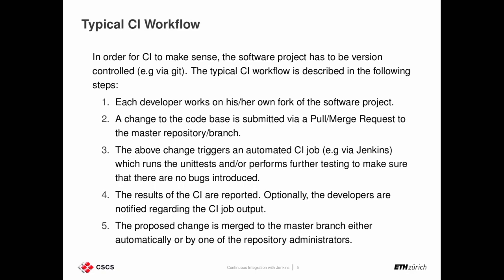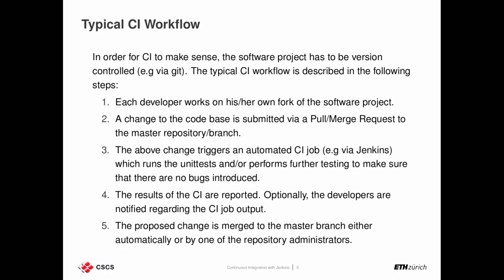Each developer belonging to a team works on their own fork of the software project. When you need to submit something to be merged in the master branch, you submit a pull or merge request. The code change submitted via the pull request triggers an automated CI job.